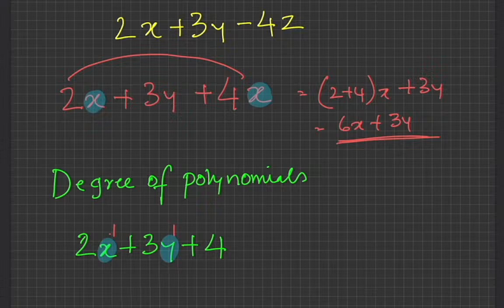So 2x is x raised to the power 1, and y is raised to the power 1. This is called a linear equation. We'll come to that later. Since it has two variables, x and y, we say that it is a linear equation in two variables.